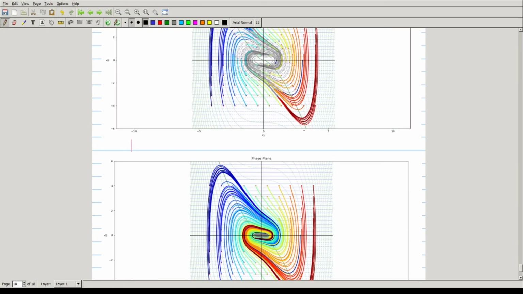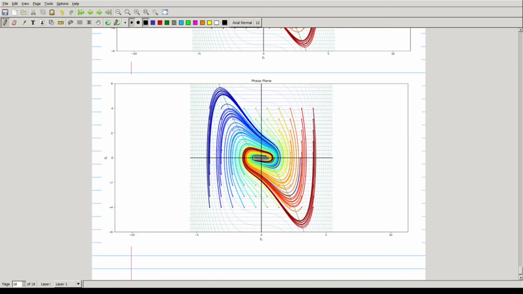But we still see that this equilibrium point appears as if it's asymptotically stable, even though the solutions are spiraling into it in a very weird way. It appears asymptotically stable from these numerical computations that we've plotted out here.